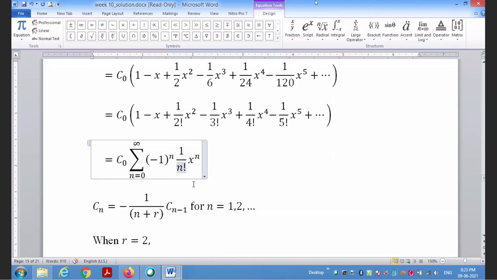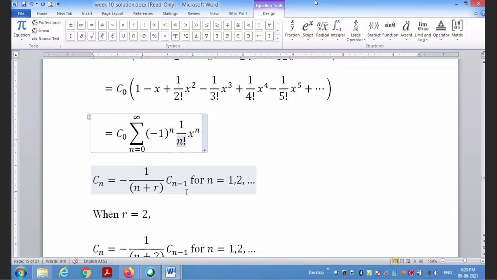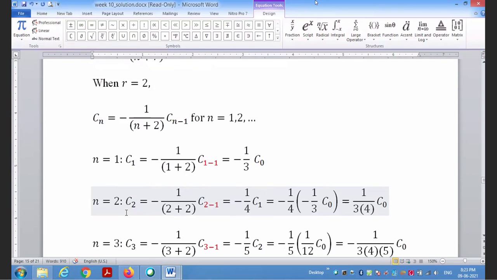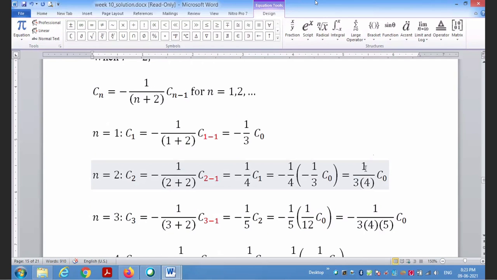All right. So again, for r equal to 2, you find C1. C1 equal to minus 1 over 3 C naught. When n equal to 2, you substitute C1 with minus 1 over 3 C naught. We have done this before, so this one will be 1 over 3 times 4.